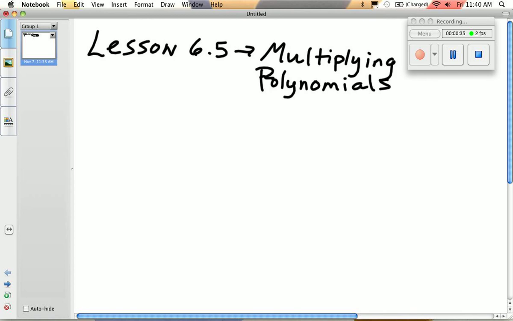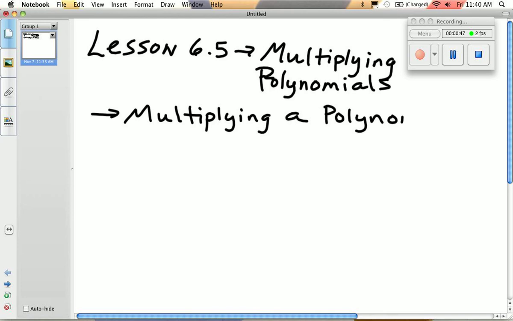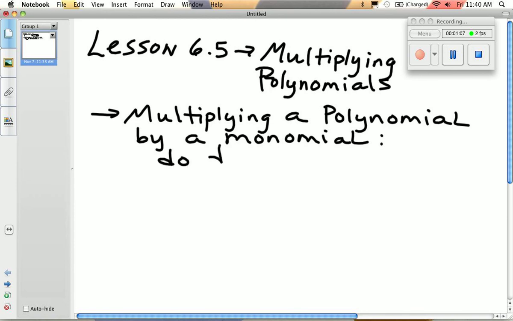So when we are multiplying a polynomial by a monomial, I want you to write this in there: multiplying a polynomial by a monomial, we're going to do distributive property, and we know how to do that.